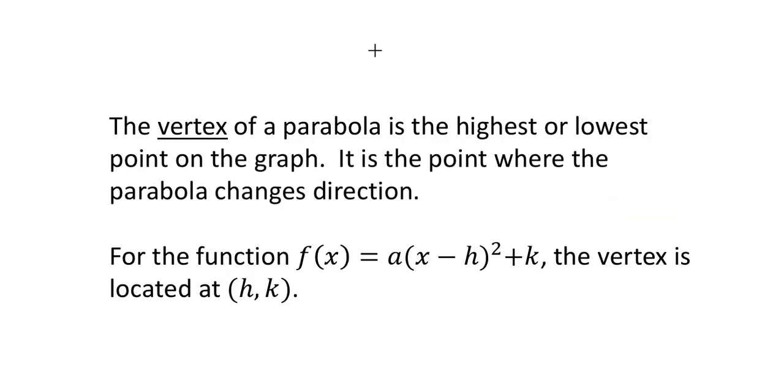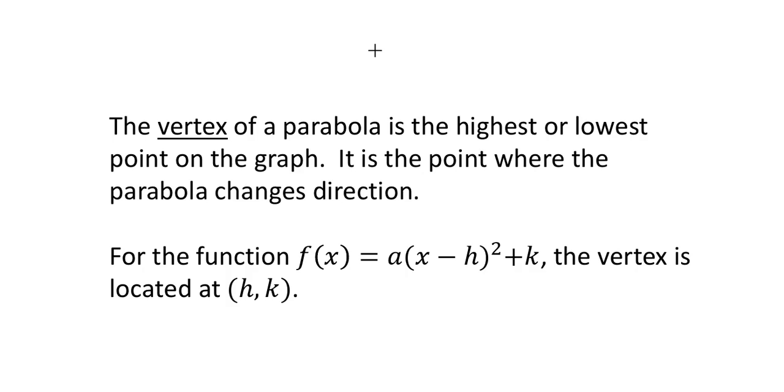The vertex of a parabola, as I just mentioned for the previous example, was the lowest point on the graph. Parabolas can also be upside down U's, and in that case the vertex is the highest point on the graph. So the vertex will either be the lowest or the highest point on the parabola, depending on which way it's facing. Another way to think of the vertex is as the point where the parabola changes direction. That doesn't matter which way it's facing, the vertex always plays that role.